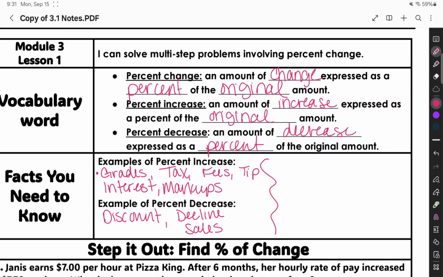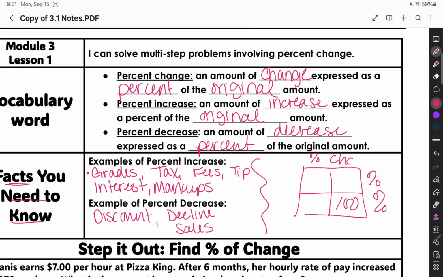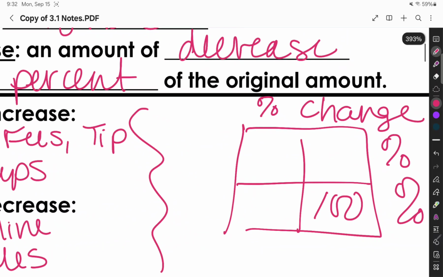Because this section is considered facts you need to know, we're going to continue using a percent box. But our percent labels are going to be different than our original is and of labels. For a percent of change, I'm going to zoom in so I have more space.